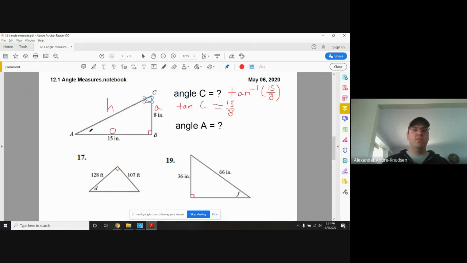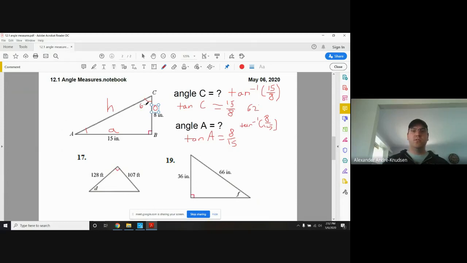So angle A would also, now I'm going to erase here, because the hypotenuse stays the same, but now our opposite is 8 and our adjacent is 15. So the tangent of A equals 8 over 15. So now we plug in the inverse tangent of 8 over 15 to get the angle. So if I do that on my calculator, for the first one, I'm going to get about 62 degrees.